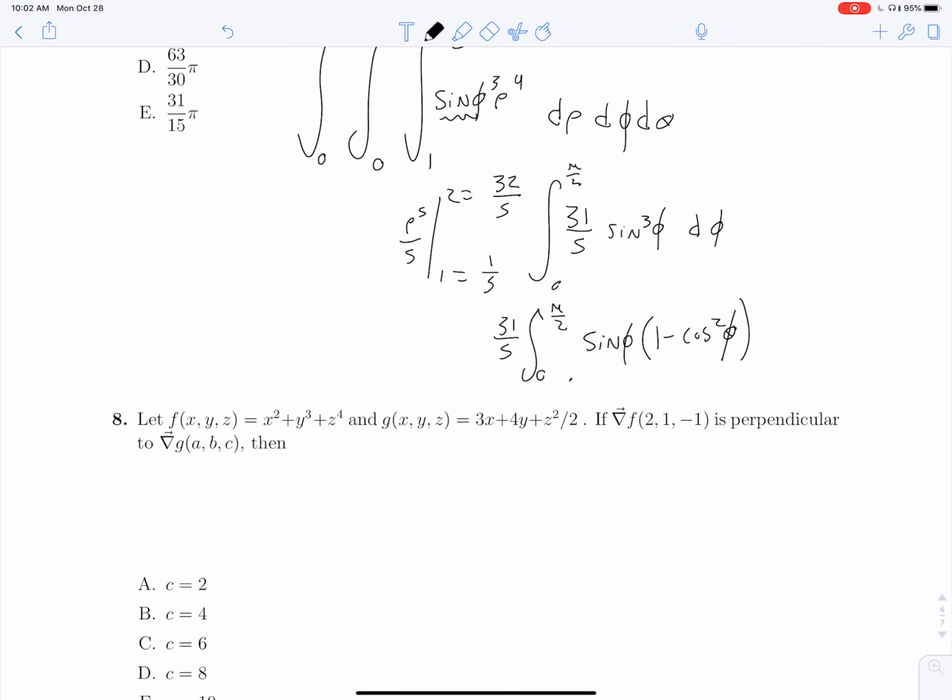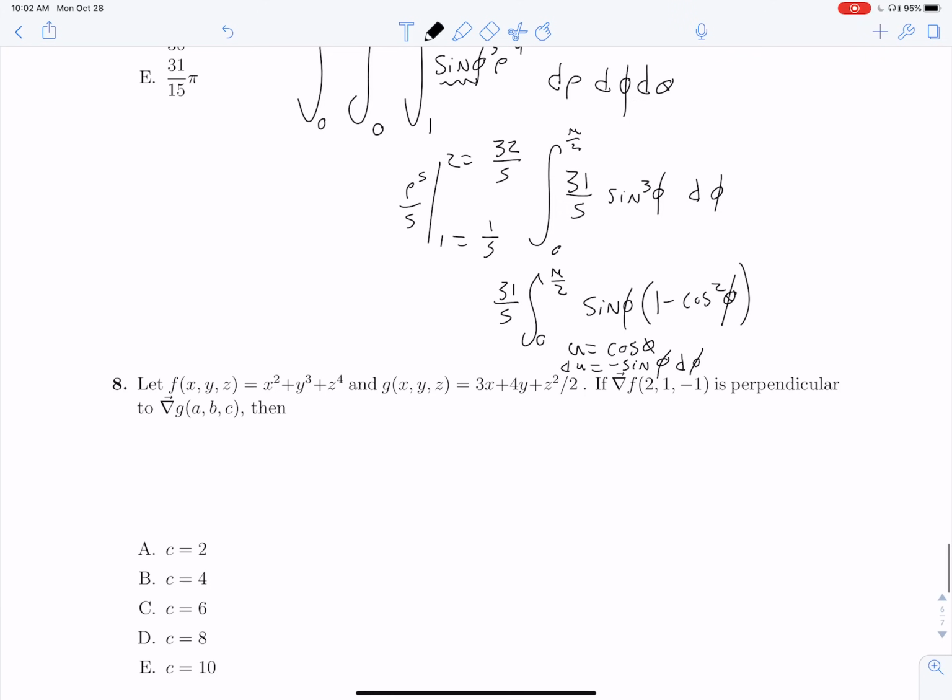And we can set u equal to cosine of phi and du equal to negative sine phi d phi. And let's see, we'll replace our bounds. Cosine of 0 is 1, cosine of pi over 2 is 0. We're dividing out a negative sine phi d phi.